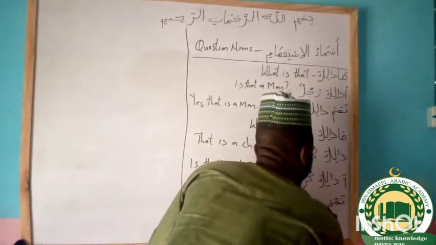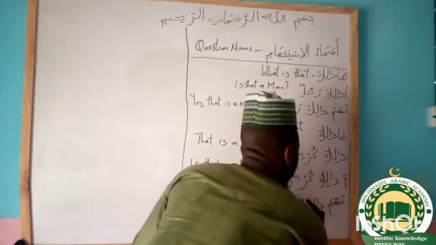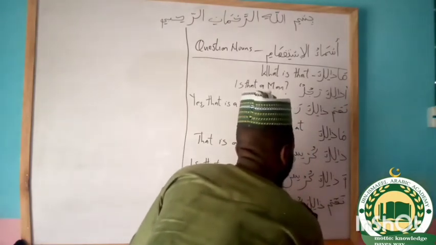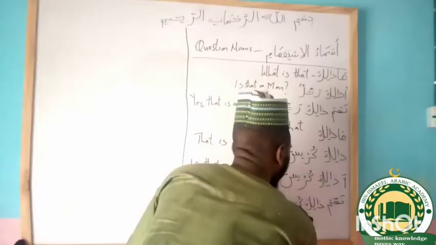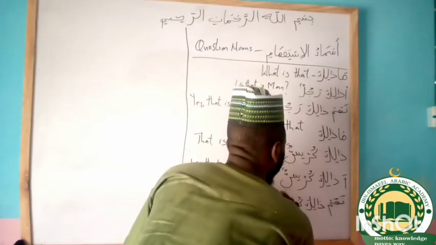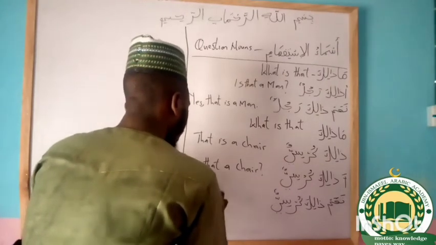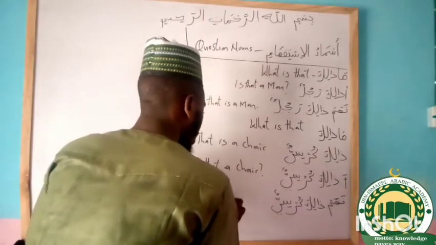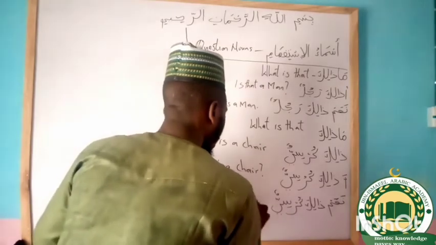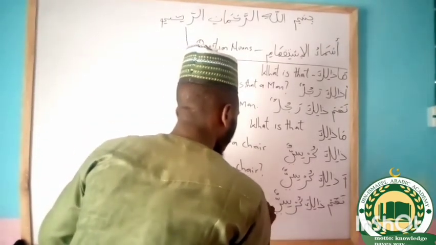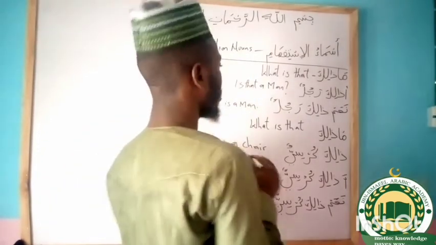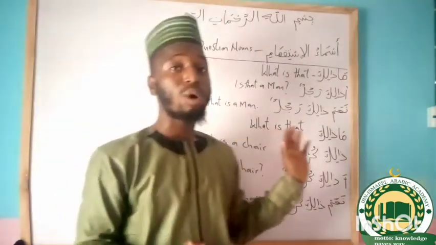Dhalika kursiyun. Kursiyun. Yes. That is a chair. So that's about this.